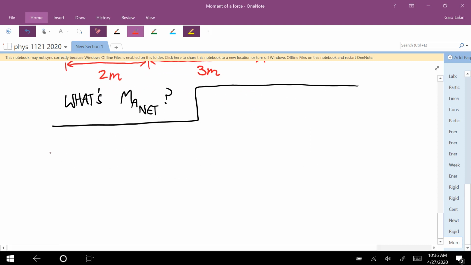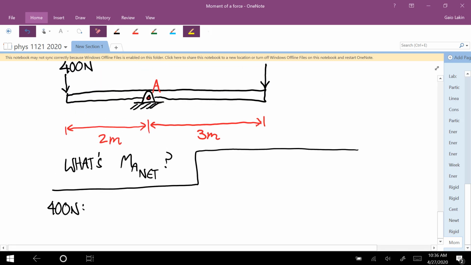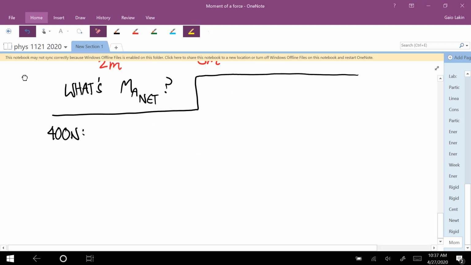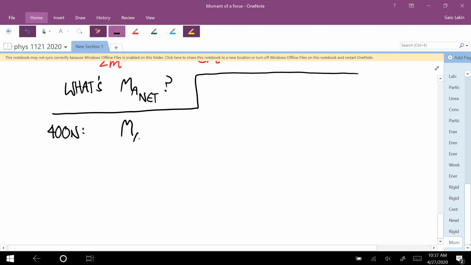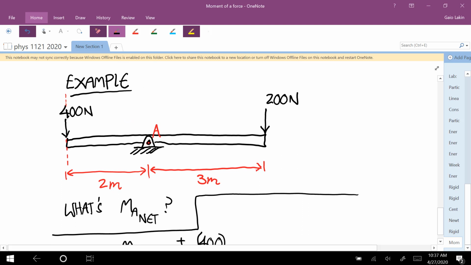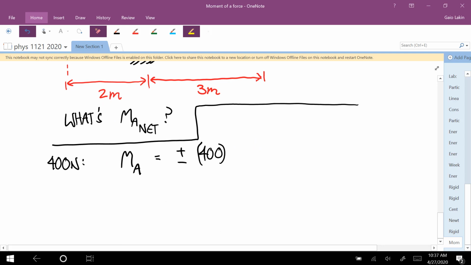Let's do the 400 Newton force first. So think about extending its line of action. And then the distance that we want is the distance from A to the line of action of that force. So our MA is plus or minus the force of 400 times the distance from the axis to the line of action of that force, which is 2 meters.